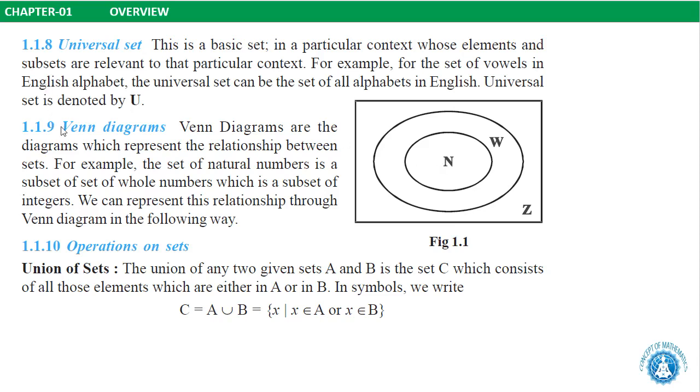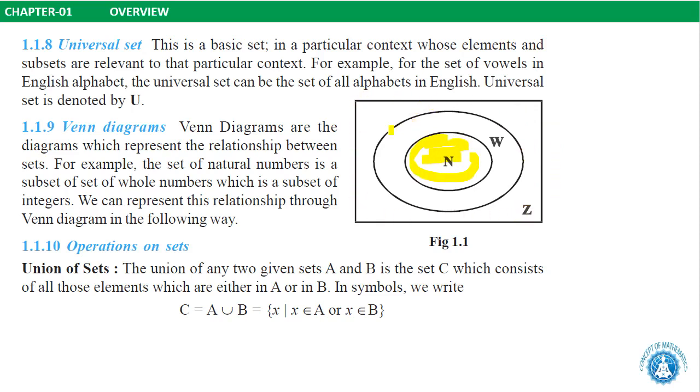Let us see Venn diagram. Venn diagram is a visual way to represent a relationship between sets. For example, the set of natural numbers is a subset of whole numbers. Suppose this rectangle represents the set of integers.